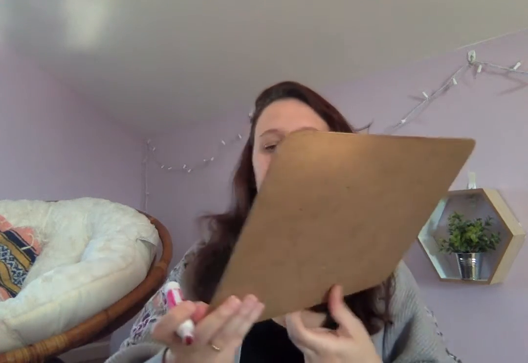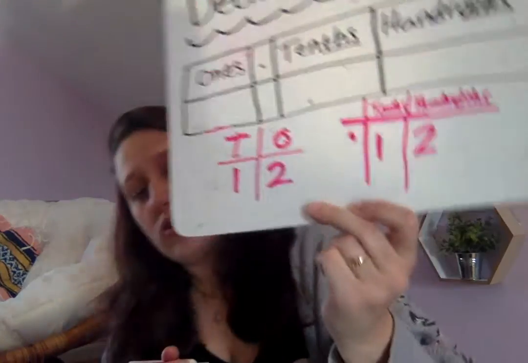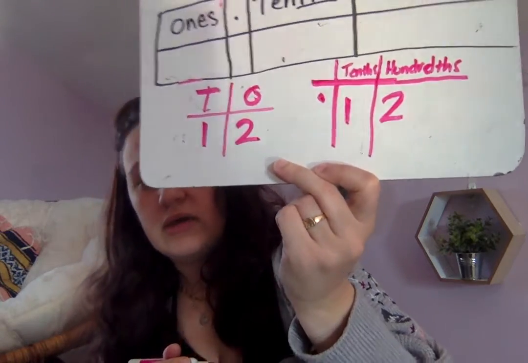Well, in a decimal, after the decimal point, here's my decimal point, we have the tenths and the hundredths. So I could put 0.12, all right?